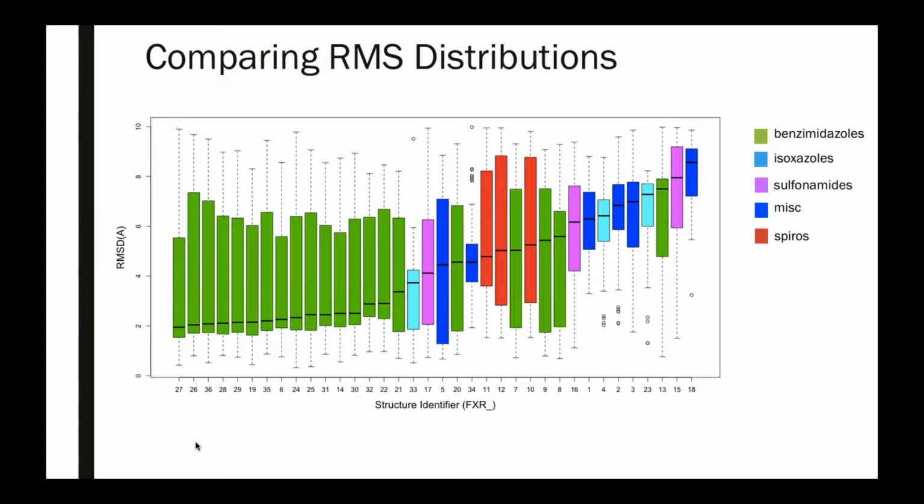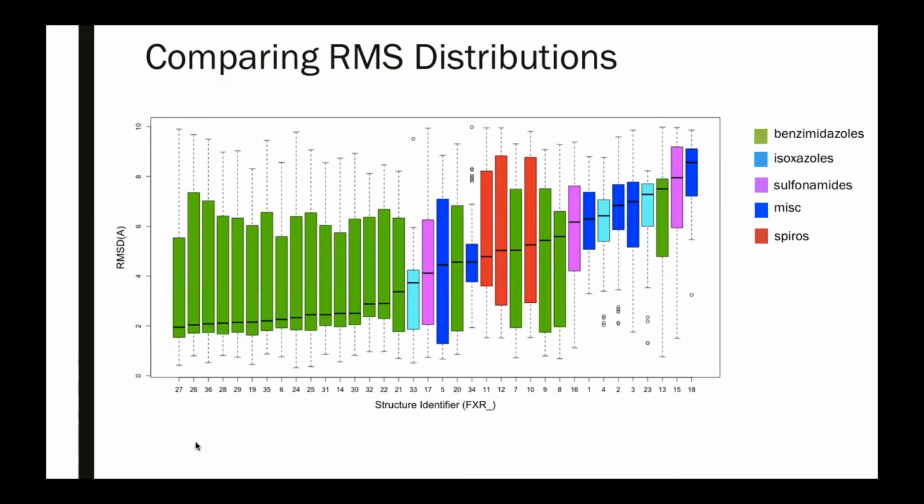So you can think of this as the easy structures on the left and the more difficult structures to predict on the right. Along the y-axis, we have the RMS fit of the docked structures to the crystal structure, and it's colored by the scaffold class.